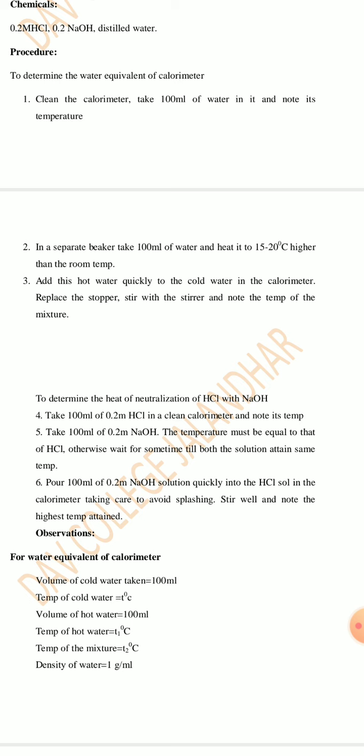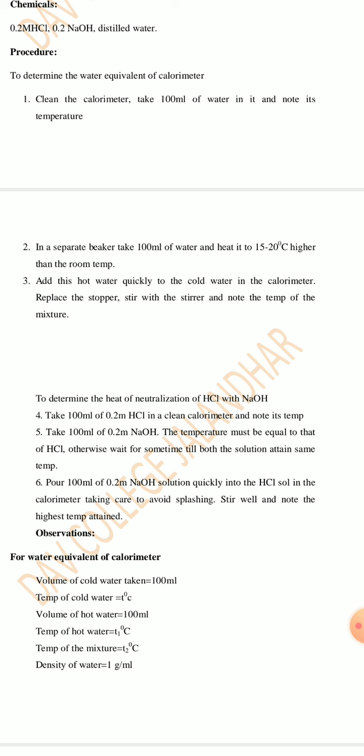Next, to determine the heat of neutralization of HCl with NaOH, that is the fourth point, take 100 ml of 0.2 molar HCl in a clean calorimeter and note its temperature, and take 100 ml of 0.2 molar NaOH, whose temperature must be equal to that of the HCl.